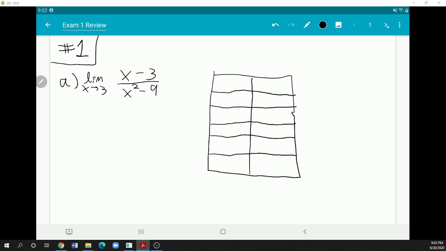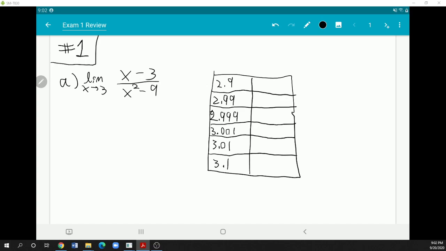We pick numbers that are really close to 3. So I always do this: 2.9, 2.99, 2.999, and then similarly on the other side. So I'm adding 0.1, 0.01, 0.001, really getting in close.